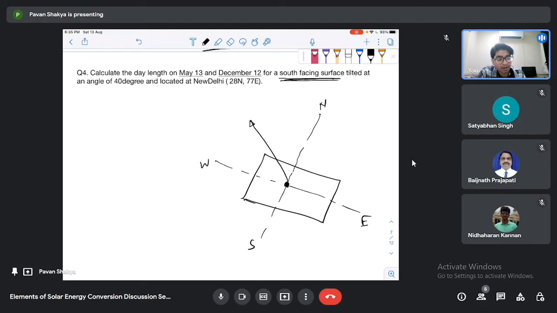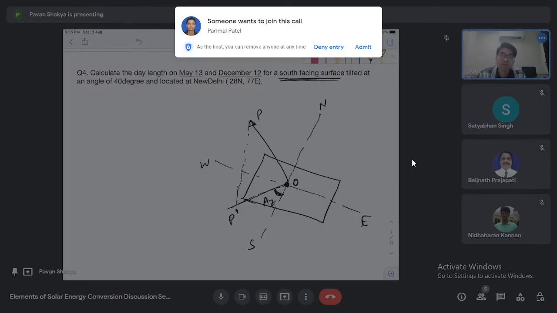Now what will happen? Suppose this is the normal of this horizontal plane. If we project this on the horizontal plane, then we will find this is the projection. Suppose this is P, then this is P dash. This OP dash is the projection that is making an angle with the south direction. This angle is called the surface azimuth angle.